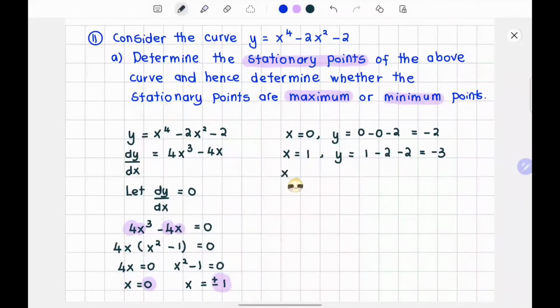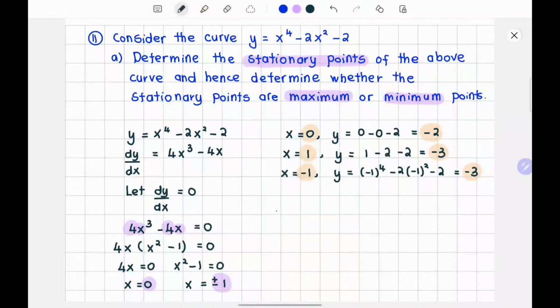And last, when x equals to negative 1, we get y equals to negative 1 power of 4 minus 2 times negative 1 power of 2 minus 2. Then we get answer 1 minus 2 minus 2. So we get negative 3. So kita ada 3 point. 0, negative 2, 1, negative 3 and negative 1, negative 3.